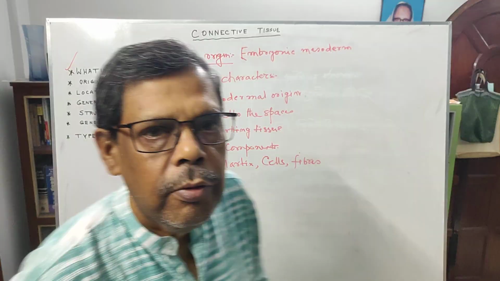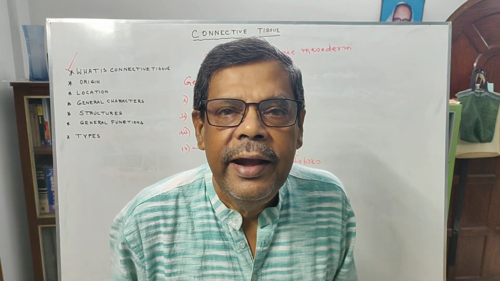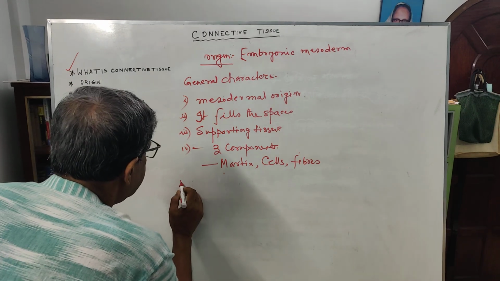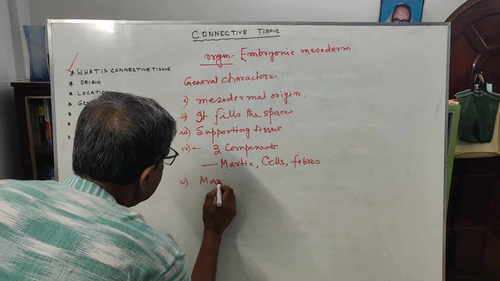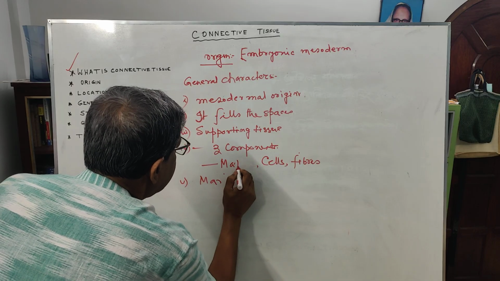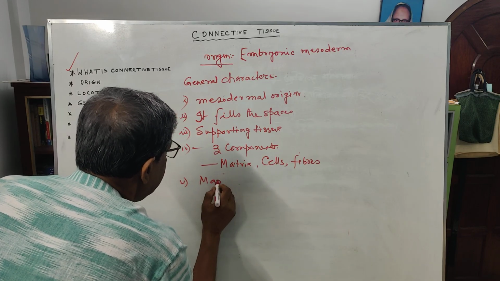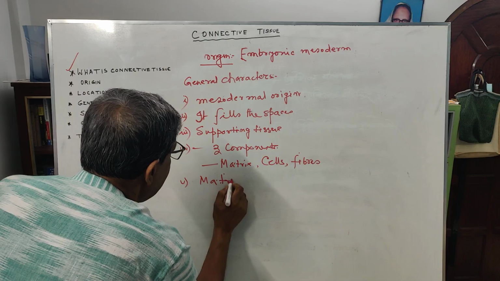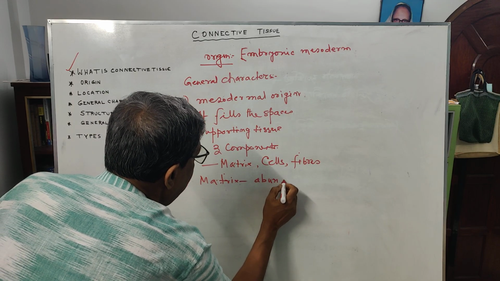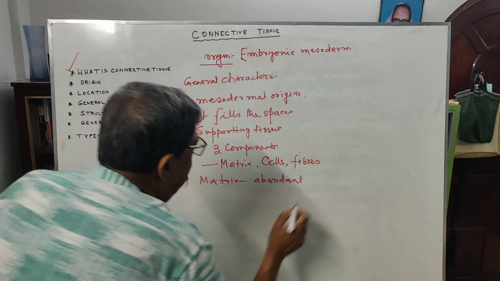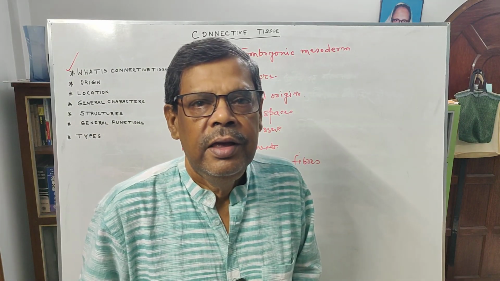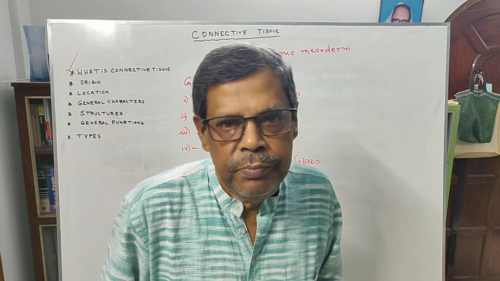In this tissue, matrix is abundant and cells are scanty. Number 5, matrix is abundant, and cells are scanty, a small quantity of cells present.